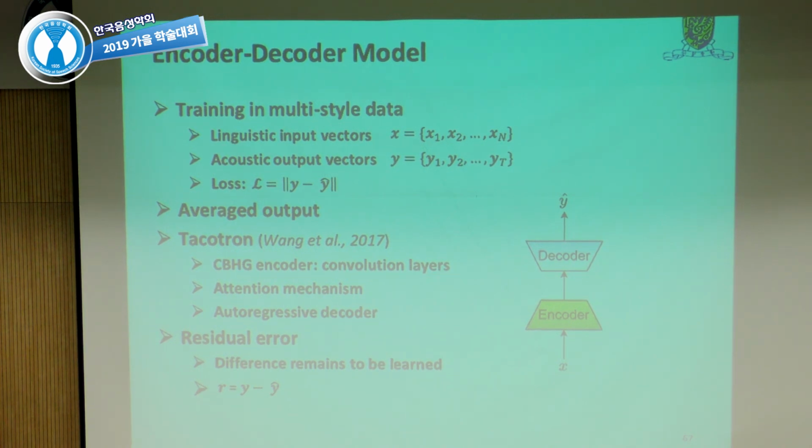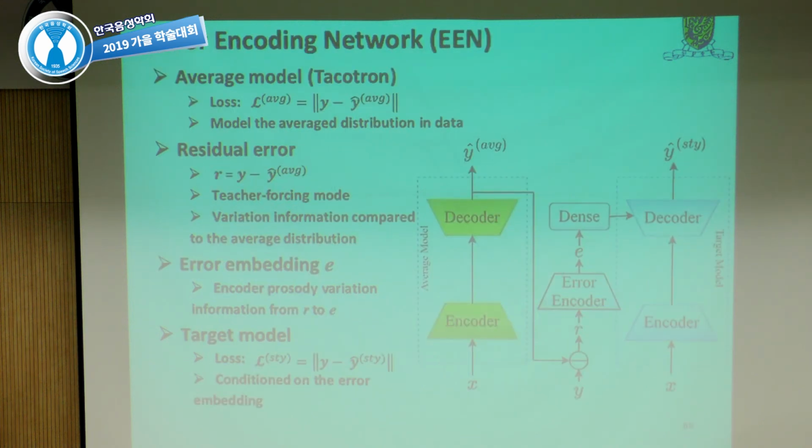It's like, what's the difference between the neutral emotion and the target emotion? So we can use the output difference, which we term the residual error, and we encode this error into a hidden embedding.